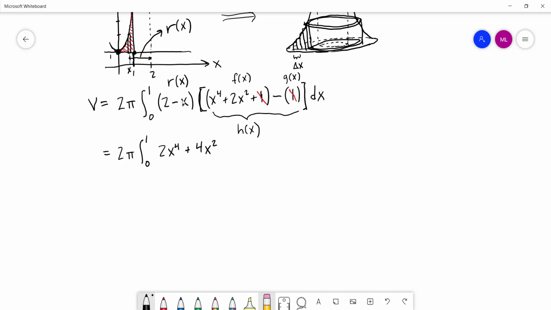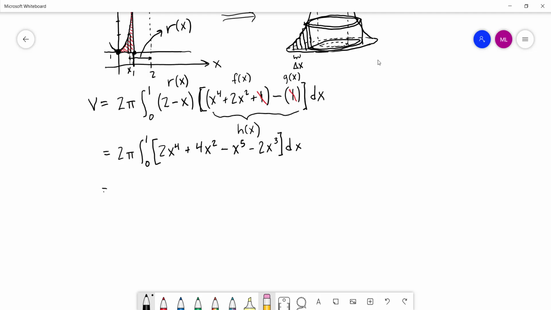Then I will do the negative x times the x to the 4th, and that'll give me minus x to the 5th. And finally, I will do the negative x times the 2x squared, which will give me minus 2x cubed. And then I can't forget my dx. So there's what I get when I FOIL those out. This is just a big, ugly, long polynomial, but it's not hard to do.